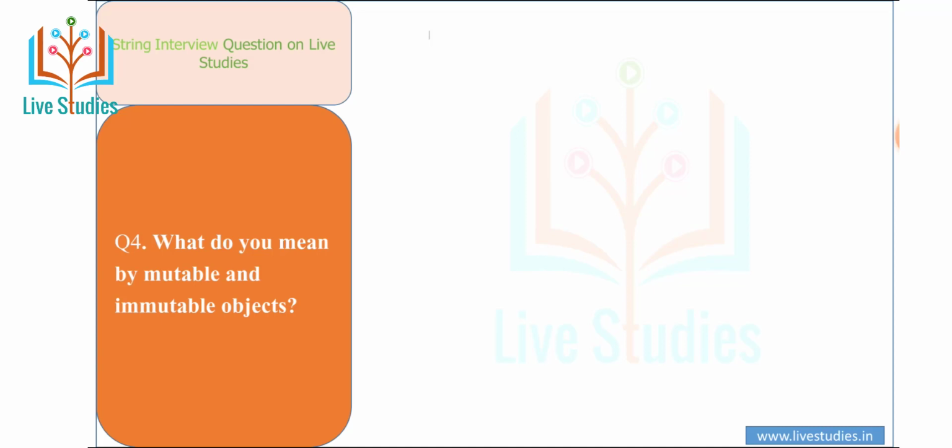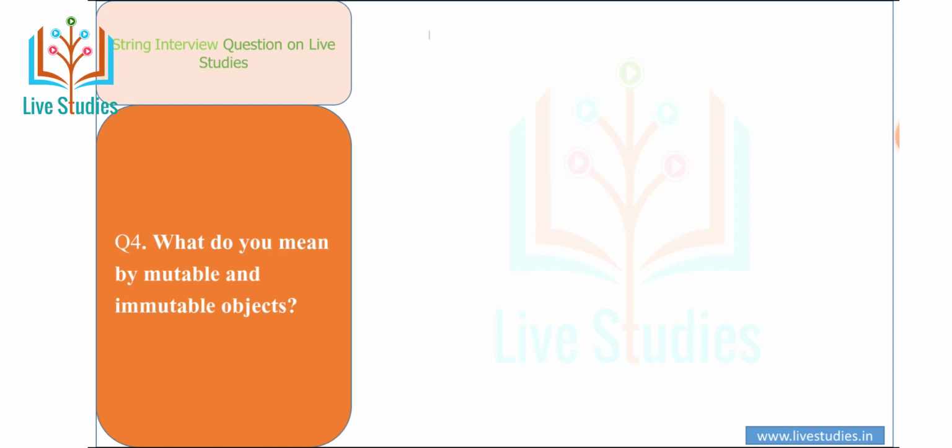But by definition, immutable objects are like constants. You cannot modify them. They are final in nature. But mutable objects mean you can perform modifications on them.